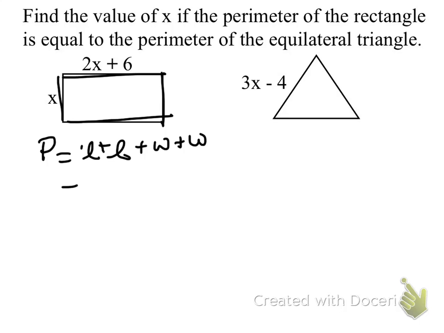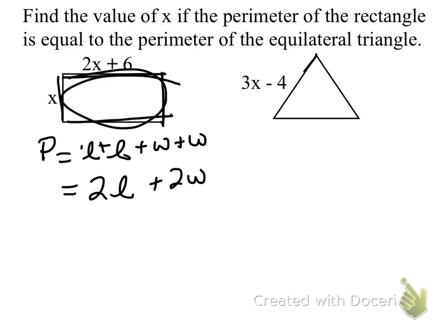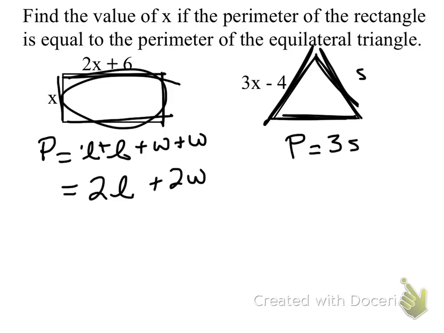Here, we can also write that as 2L plus 2W. Okay, it's not area, it's distance around. It's like circumference. This side, this side, this side. Perimeter of an equilateral triangle is equal to 3 times the measure of a side. If we call this S, they're all going to be the same.